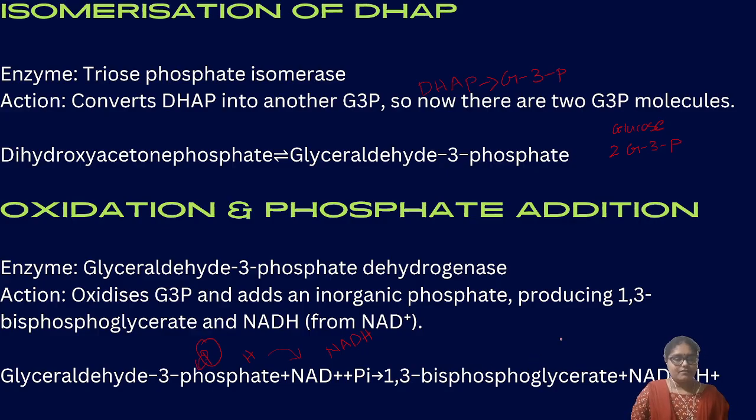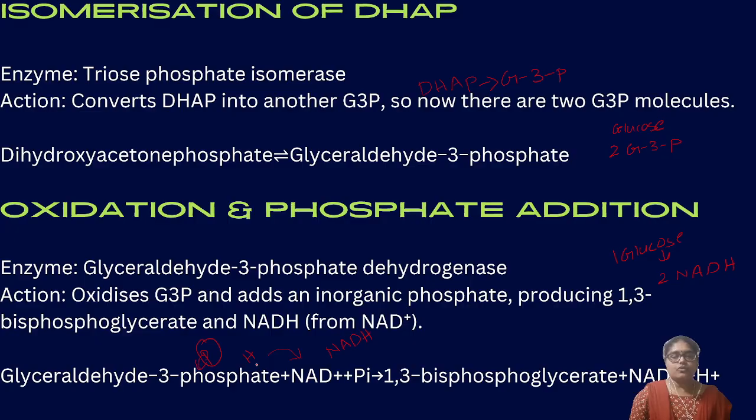1,3-bisphosphoglycerate. Here, for every one molecule of glucose, 2 NADH are formed. It occurs in the presence of the enzyme glyceraldehyde 3-phosphate dehydrogenase.